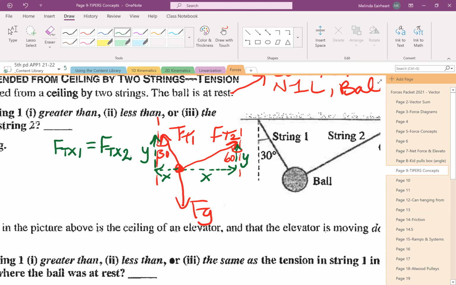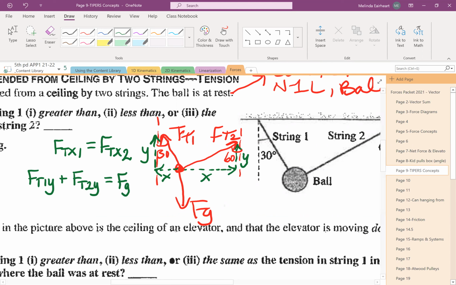And so what does that mean about the two verticals? Well, I've got three verticals. I've got two pointed up. They're the same direction. And so our balance statement could be FT1y plus FT2y equals the one down, FG.